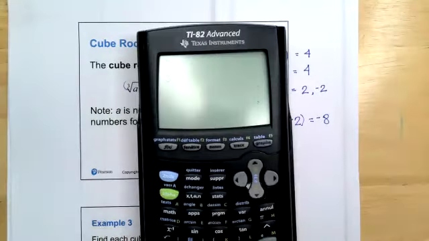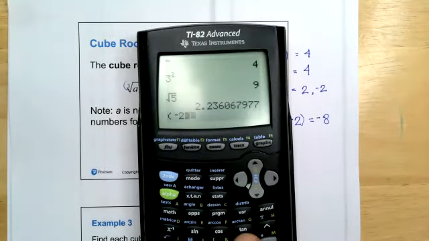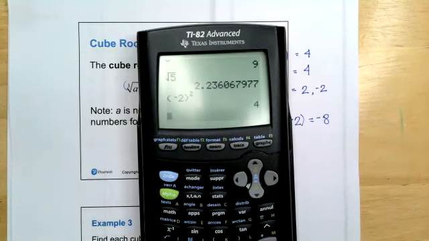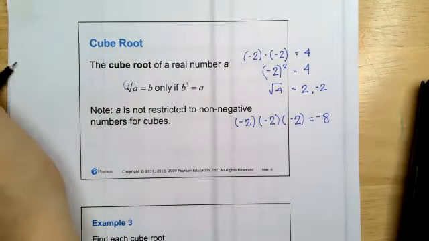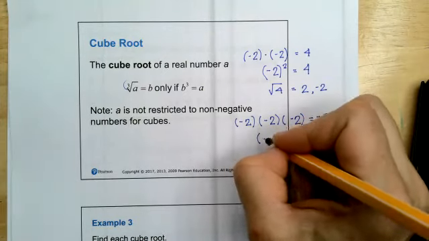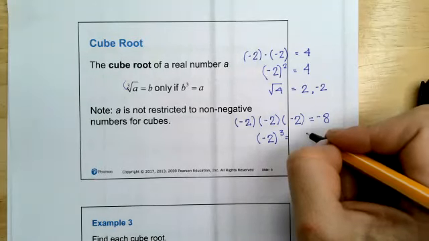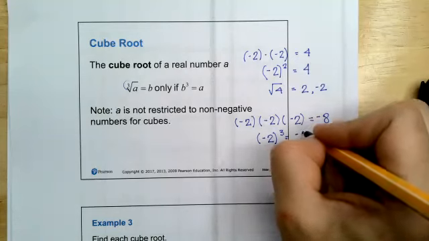Okay, so when you square a negative, it's always going to be positive. But if you take the cubed root, it's always going to be negative. So it is okay. It is true that the cube of -2 is a negative number.